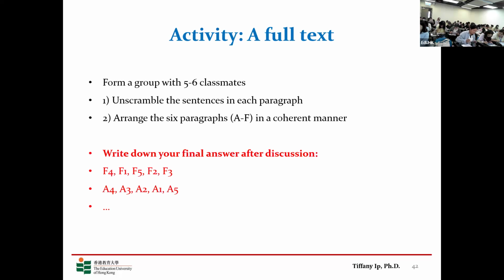So after revision once, one group got all correct. That's really good. Please continue to do it. I hope more groups can get all correct.